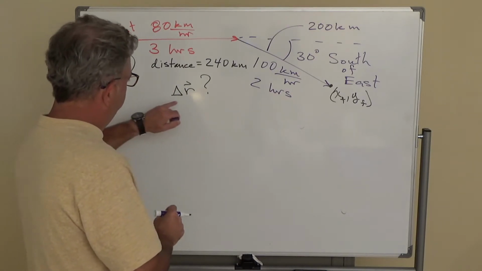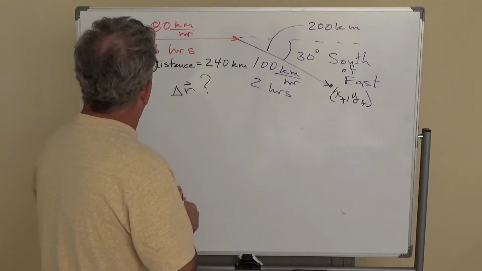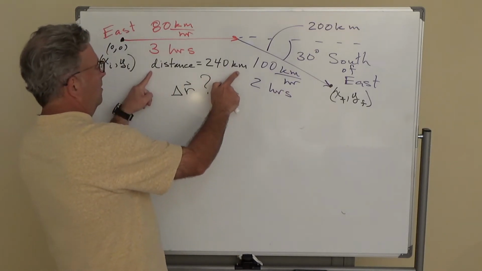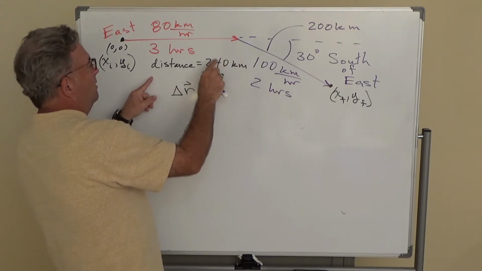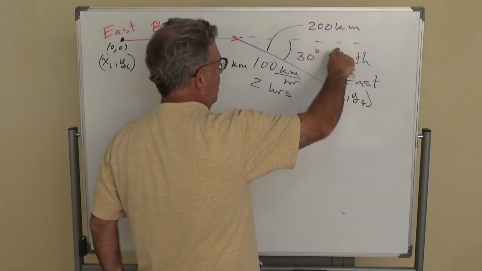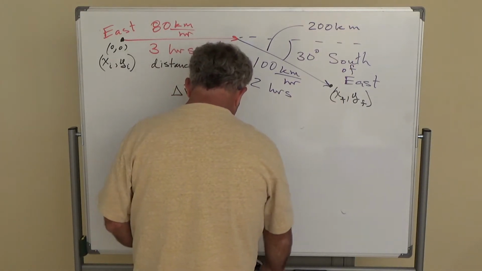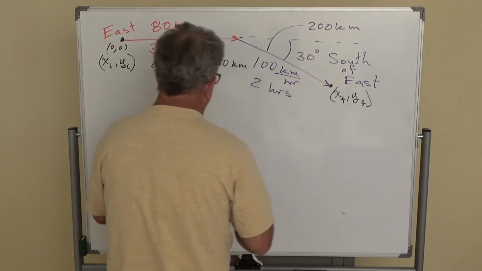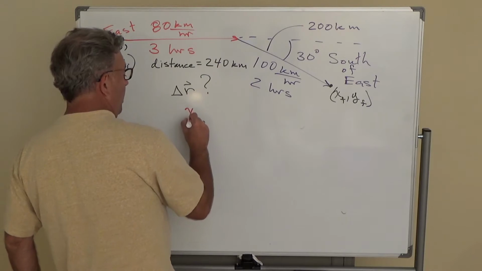Well, delta R, we can figure out now. The X position here, you got 240 kilometers plus some distance in X. You can figure out X final from that. So X final, there are more ways to do this.